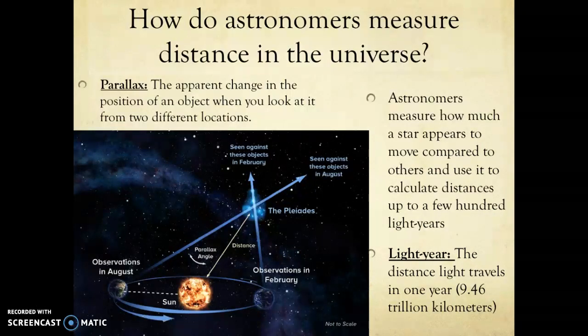So, for example, if you were to look at, say, the TV in the classroom, all right? If you're sitting in the table closest to the TV, it's going to look like it's in one position. Now, if you were to look at it from, say, my desk at the back of the room, it might look like it's in a very slightly different position.